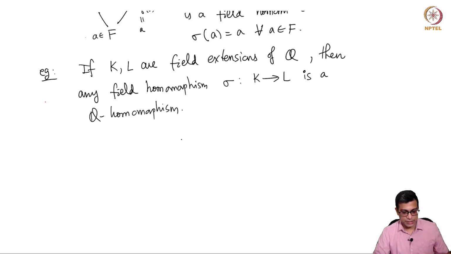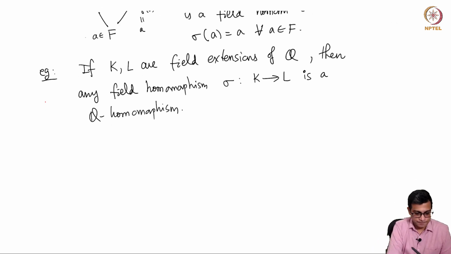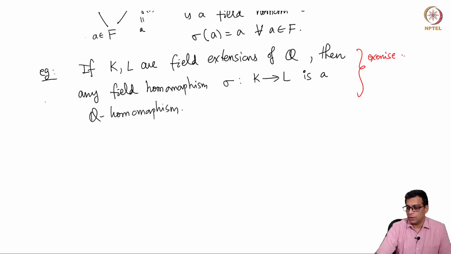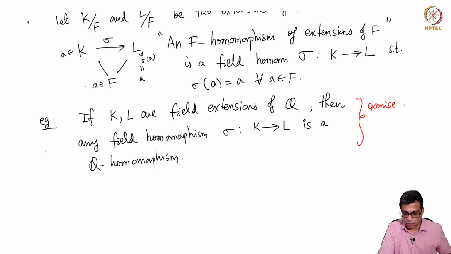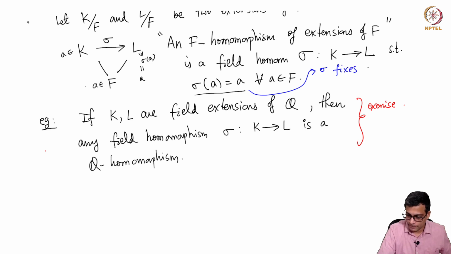So this is an important exercise. It says that any element of Q automatically is fixed by sigma. So remember, this means sigma fixes. So we will remember this condition as saying that sigma fixes. This terminology will be useful for us later.